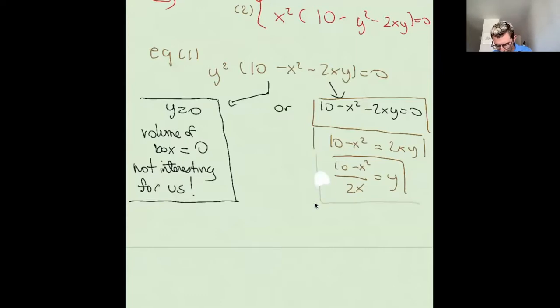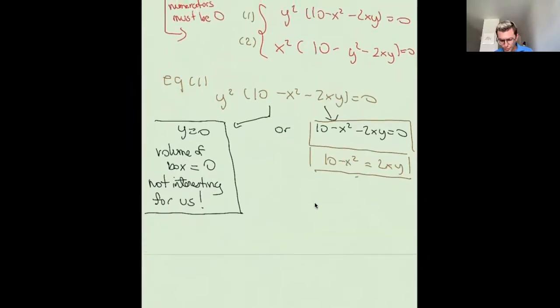In fact, let me just write it. I'll keep it this way because you'll see in a second that it's more useful to write it this way. Let's go to equation 2. What does equation 2 say?